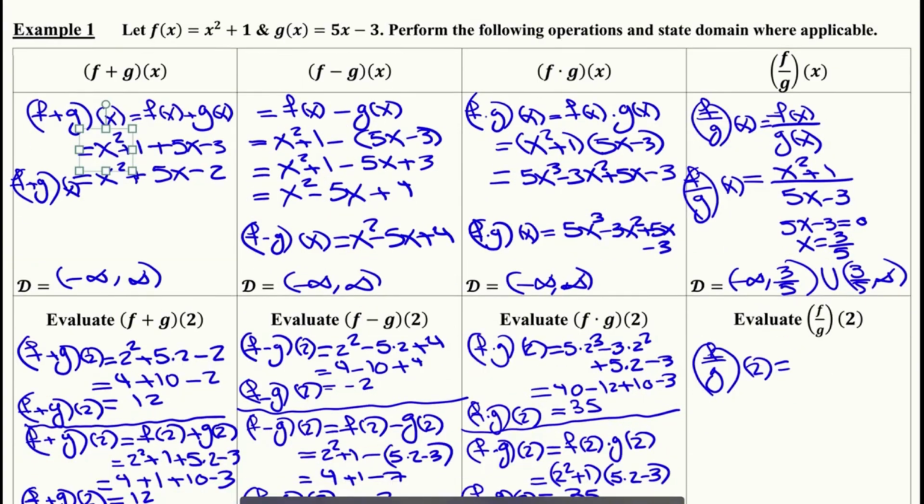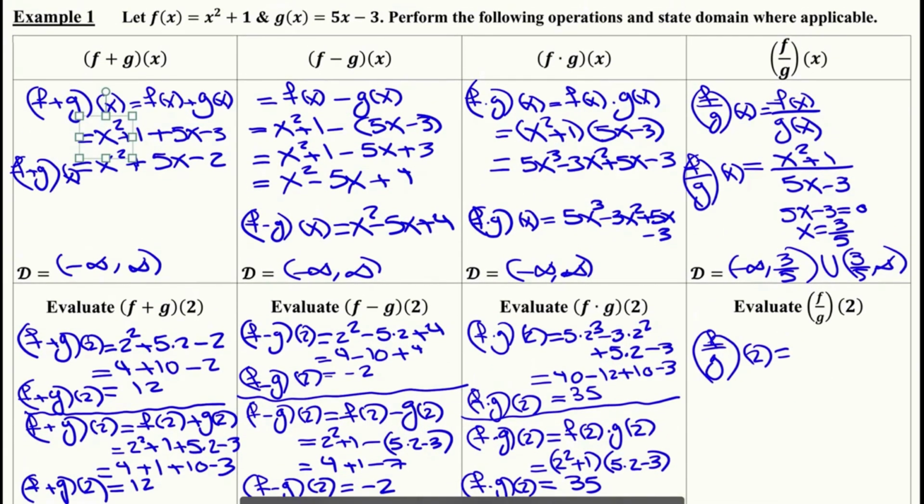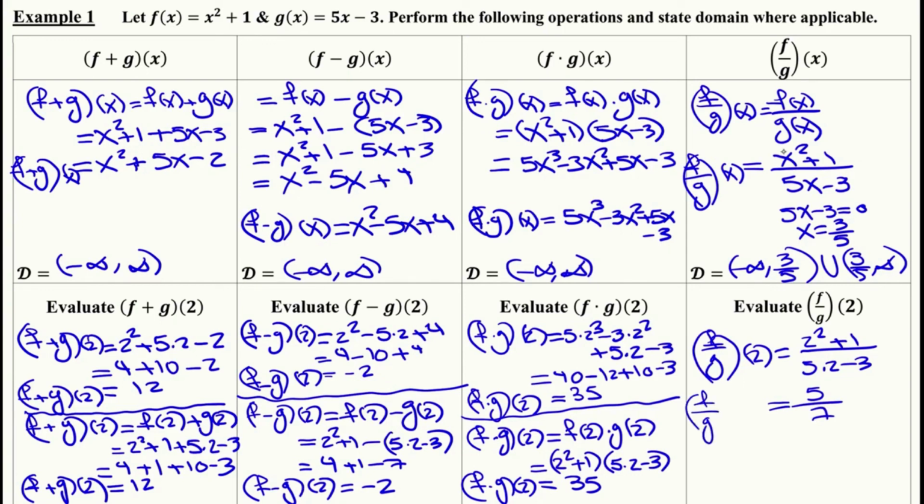So here we're only going to calculate this once, and we're going to get 2 squared plus 1 over 5 times 2 minus 3. So we get 5 over 7, and that is f over g of 2.